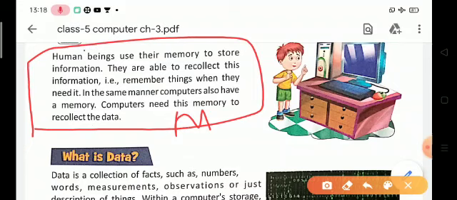Look at this point. Human beings use their memory to store information. They are able to recollect the information and remember things when they need it. So overall, computer memory is the storage space in the computer.